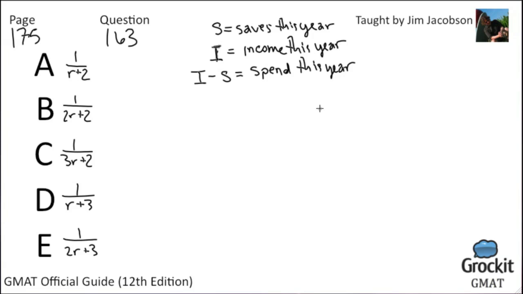And what the question is actually asking for is what fraction of his income should he save this year? So we're ultimately trying to figure out the fraction of savings this year over his income this year. This is what we're solving for, S over I.